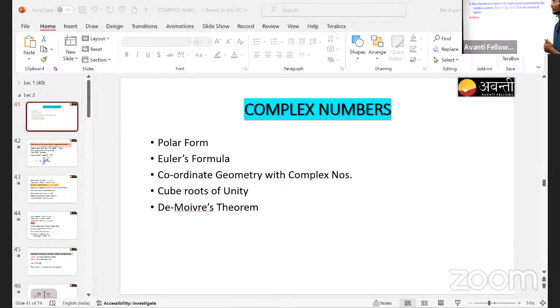Okay. Now, show that the 4 points in the Argand plane, these are the 4 points. Let us name these points. Let this point be Z1, let it be Z2, Z3, and Z4.